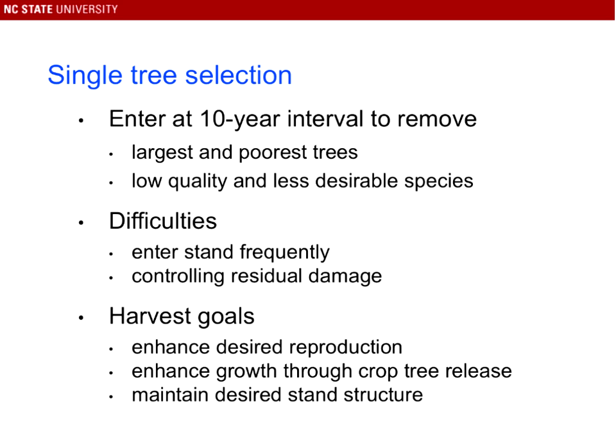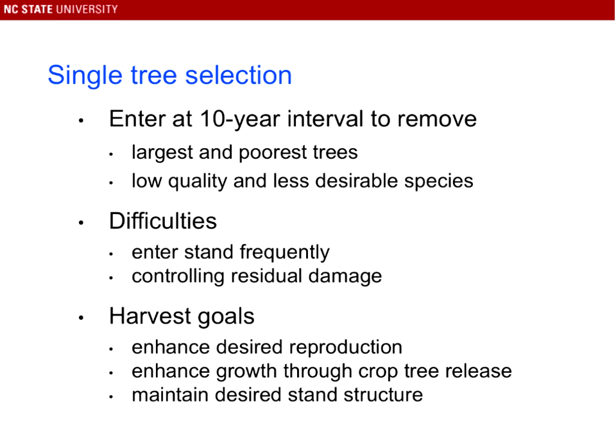Again, in terms of difficulties, you're entering the stand more frequently, and it can be difficult to control residual damage when single stems at a time are being harvested. The harvest goal is to enhance desired reproduction, and enhance growth through crop tree release, where large or future large targeted, high-value trees are left for a final big harvest somewhere down the road.